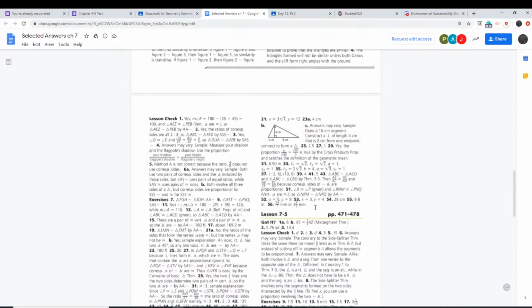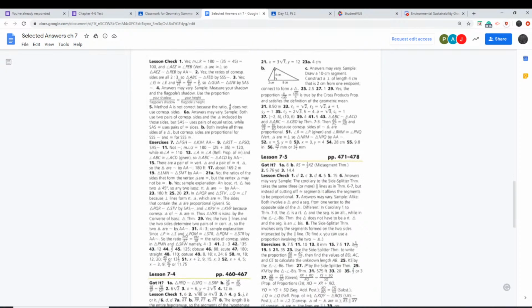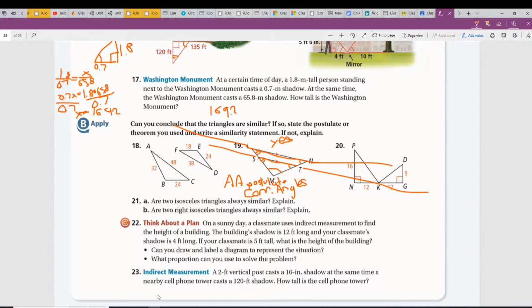Okay, so yeah, as I suspected, they are not going to be looking for the corresponding angles theorem because that's something we learned before. And since we're in chapter 7, we're going to be only focusing on a postulate. But this is one of the things we use to prove that the two angles are congruent.